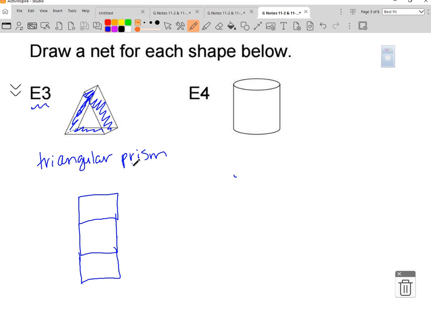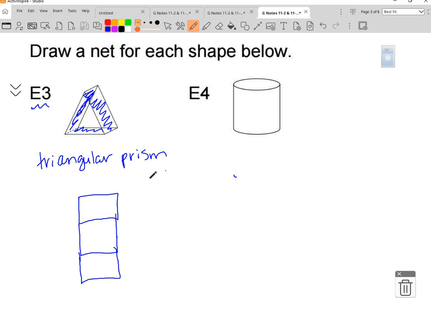So if I fold these 3 rectangles up, I have the lateral area, or the sides that are not bases, of that triangular prism. Does that make sense? So now what I need is a triangle to fold up, or a triangle to fold this way. It doesn't matter, as long as we have one on each side of our rectangle.